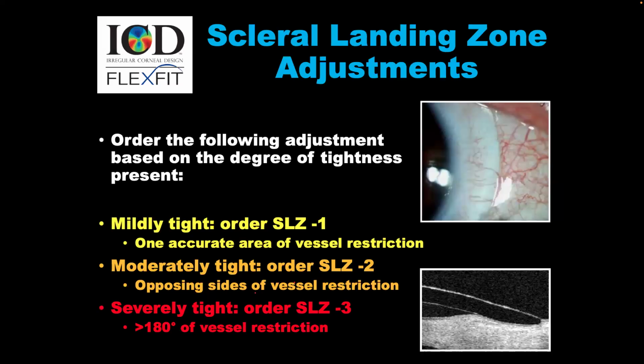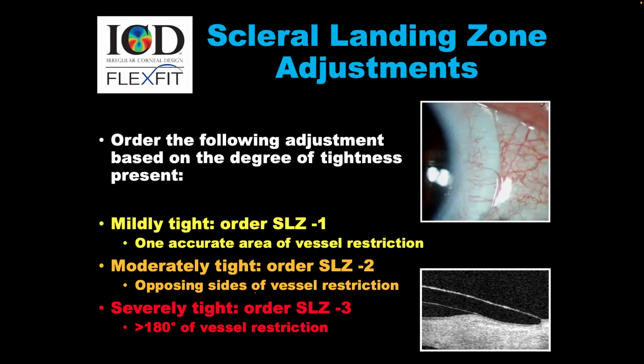So there's this guide sent by the lab and the designers, where it says how to go according to what you are actually seeing on the slit lamp. If we have a mildly tight lens, just go with a scleral lens landing zone of -1.